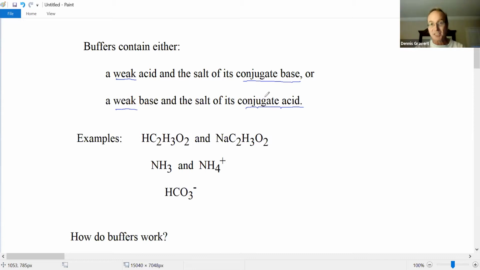And then the salt of the conjugate base, well, we can put any spectator ion in front, right? So when H+ is released, you get the acetate ion. This is weak, so actually, sometimes H+ is captured by acetate. Acetate accepts it as a base and reforms acetic acid. So here's our weak acid, and here's the conjugate base.